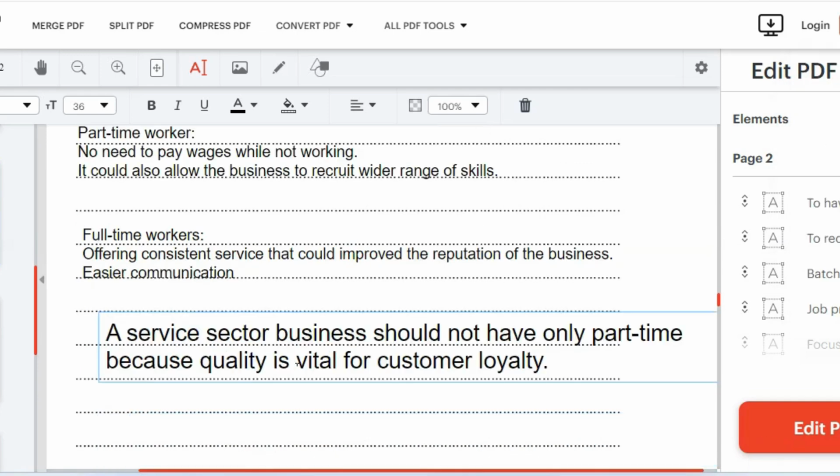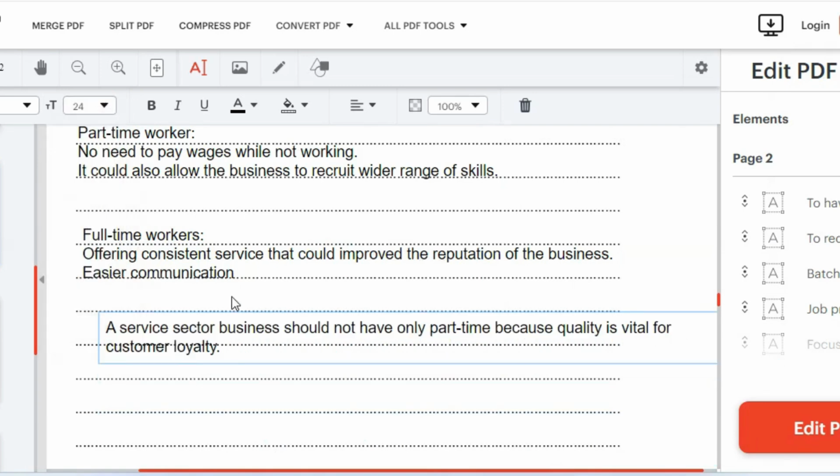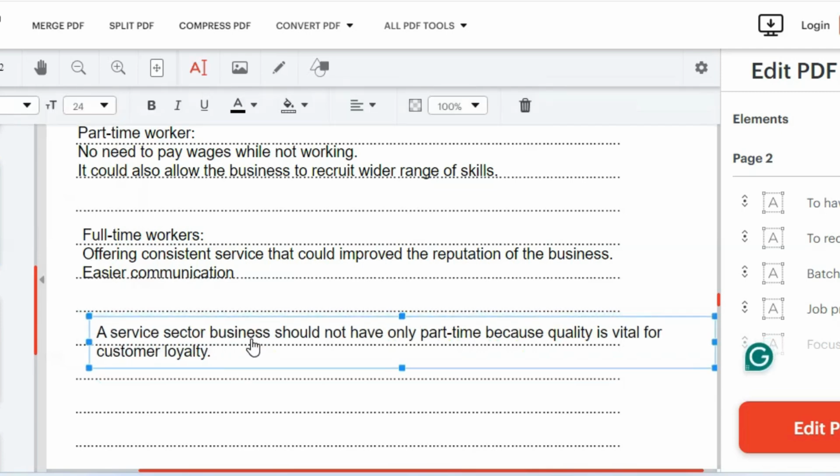Let's try to reduce this in order to fit in this space. Now, you can give more as you want in this justification in order to get your full mark.